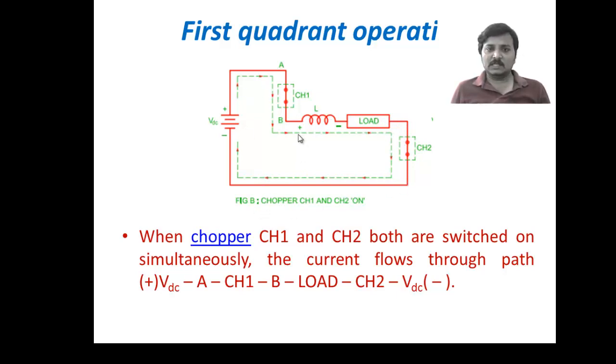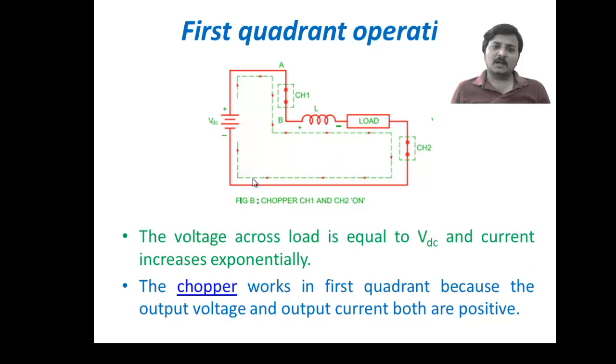When we see this path, the voltage polarity across the load is positive. Considering this direction, this end is positive and this end is negative, and the current direction is from positive to negative. The voltage across the load is equal to VDC, and the current increases exponentially because of the inductance, which slowly stores energy.